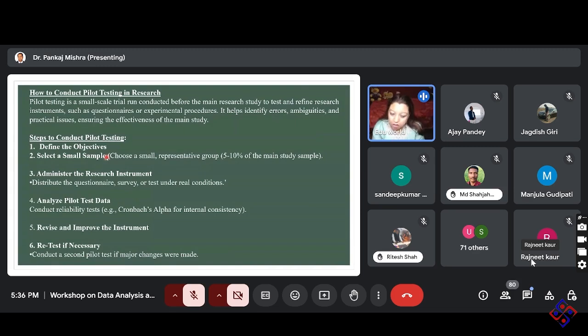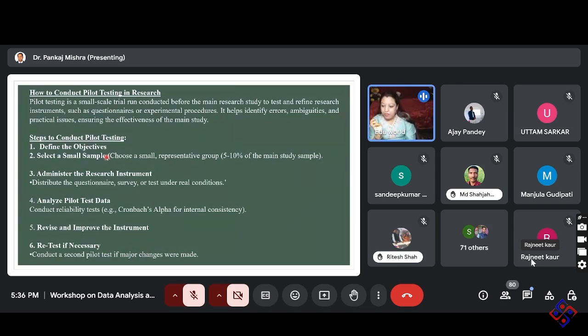Based on your population, you have to select your sample. Randomly we generally select the sample, but that is not the proper way. There are certain formulae we can use. Based on those formulae we have to calculate and select the sample. Otherwise, the sample which we are selecting may not generalize our study.